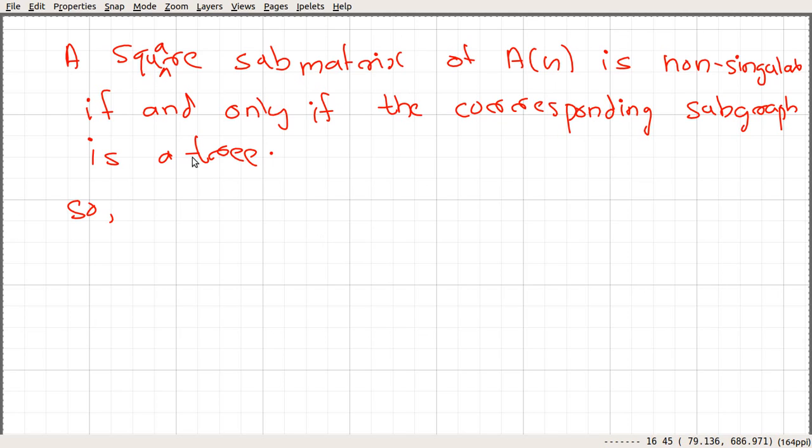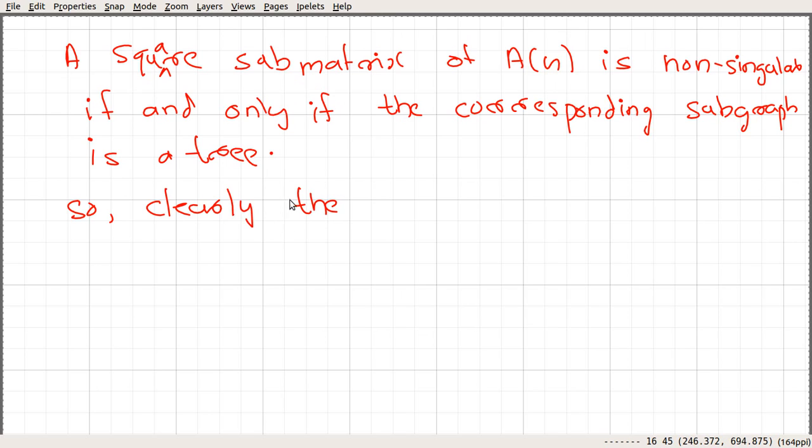This subgraph is a tree, and it contains all the vertices also.